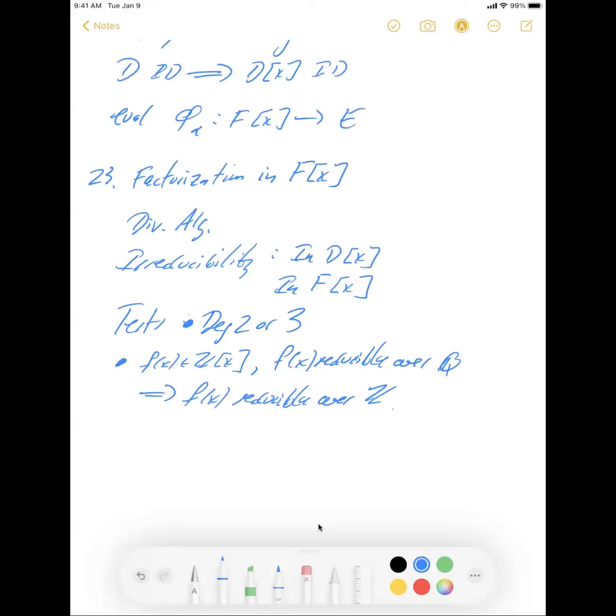So let's put some, so there's the next one. I sometimes call this the integer root test, rather than the rational root test.